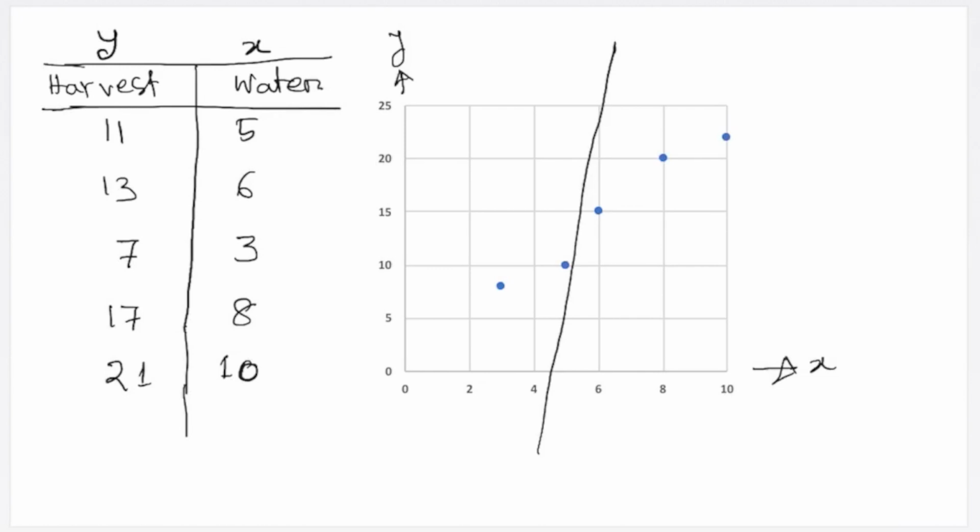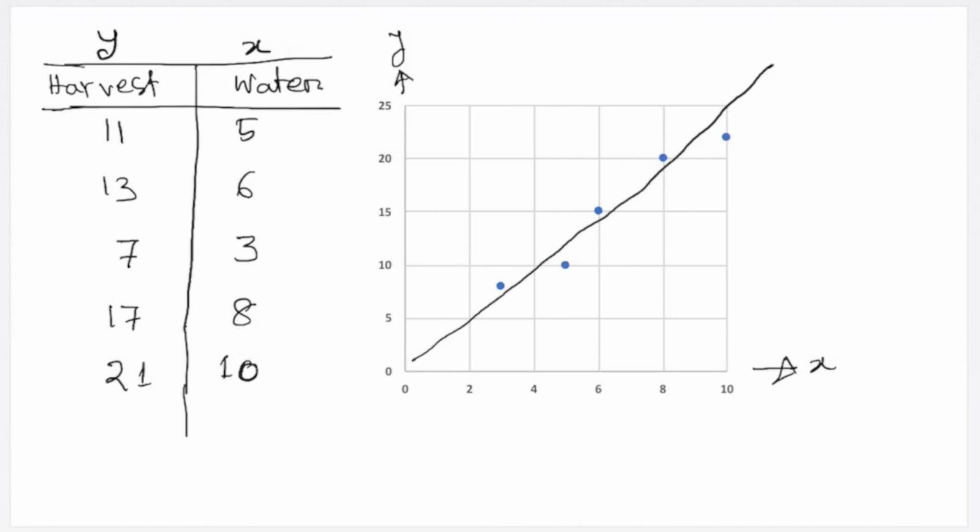If, instead of this line, we draw this line, will it be a good line to represent all these points? If you answered no, then your answer is correct. Now, if we draw this line, is this a better line than the two lines we drew before?